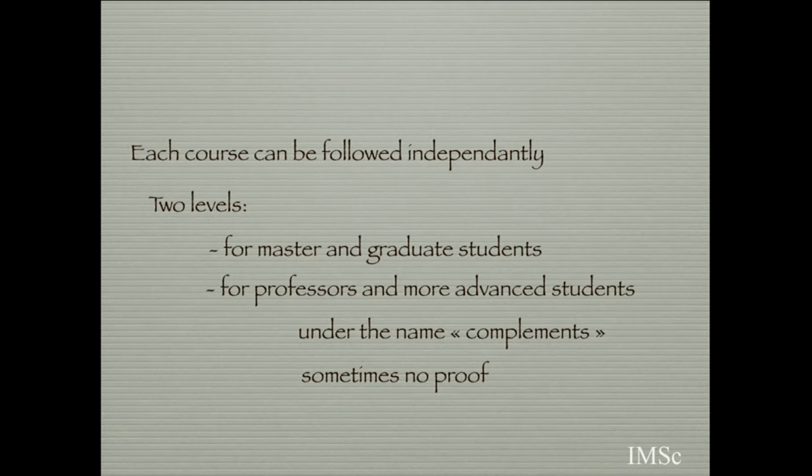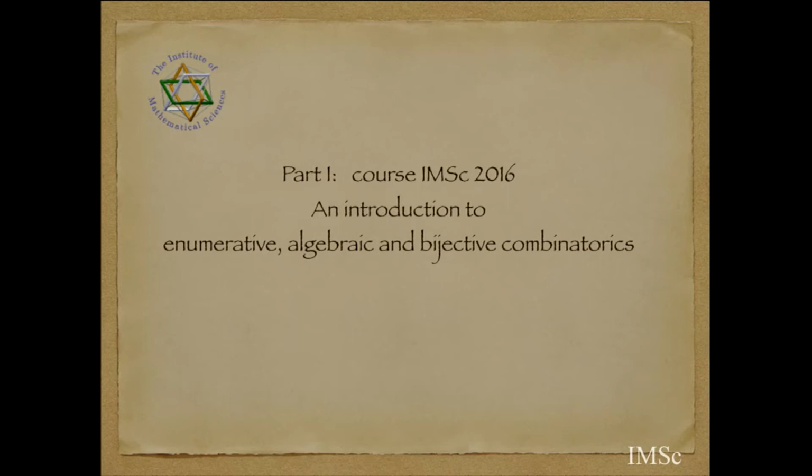It's for good master students and graduate students. Sometimes I give the class at 2 levels. For professors and researchers, I give some material under the name complements, and I don't always need to give proofs, just to open some windows on active research domains.